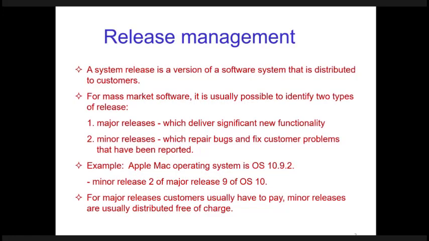So first, what does a system release mean? A version is a system instance which is circulating around the development teams. So a version is the instance of the system which is under development and circulating around the development team.